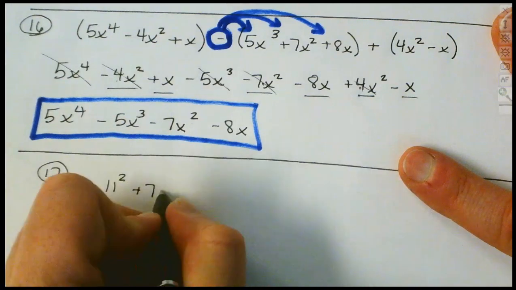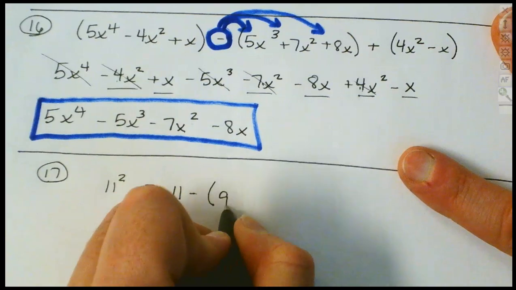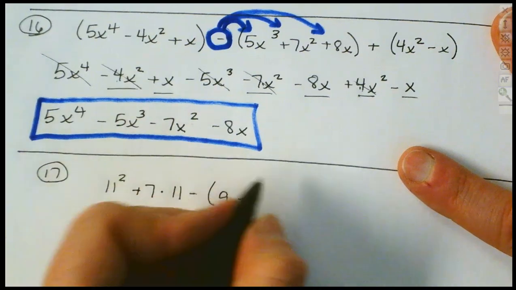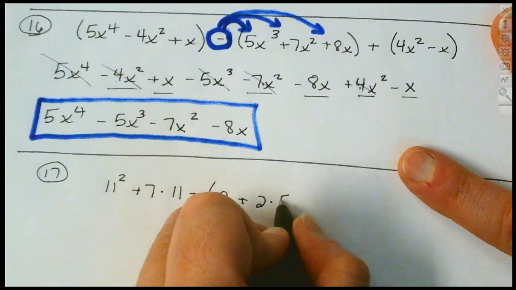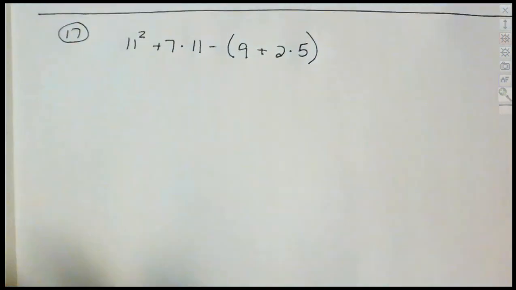Because I think it just goes back to students don't follow order of operations correctly. So if I give you this one, this is a simple problem as long as you're careful. Okay, we have to do an order of operations. So order of operations is the fundamental component of all of our mathematics.